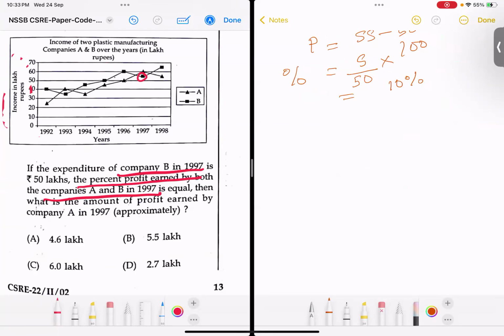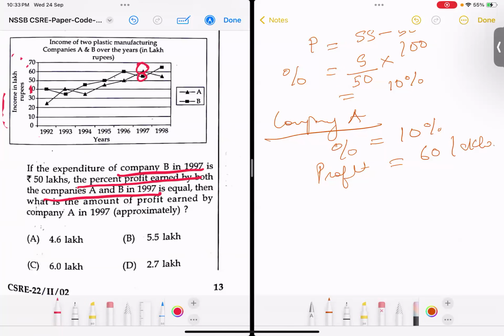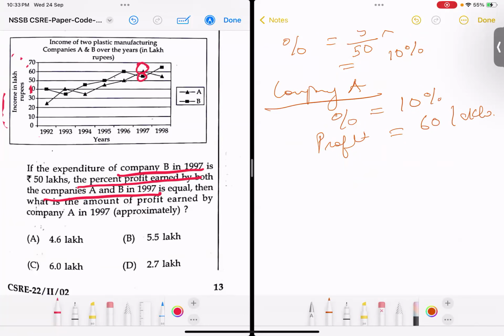Now let's come to company A. Company A also has a profit percentage of 10%, because it's given in the question that it's the same. And the income it has earned is 60 lakhs.